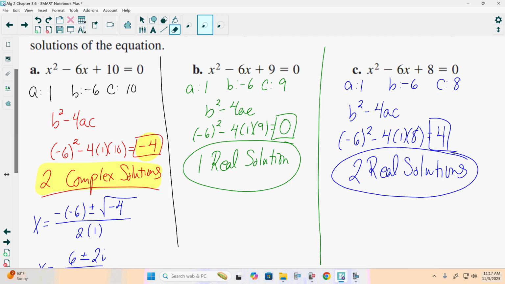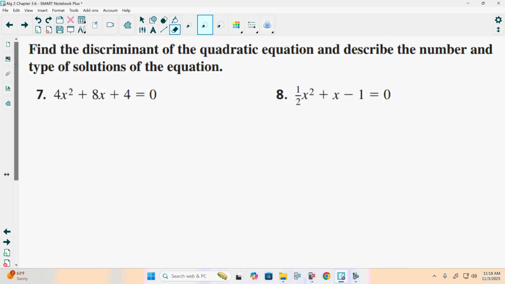Questions on this here? Do we feel comfortable finding the discriminant's value and determining the number and type of solutions? Because even if we had fractions, like number 8, a would be 1/2, b would be 1, c is negative 1. So b squared minus 4ac would be 1 squared minus 4 times 1/2 times negative 1.